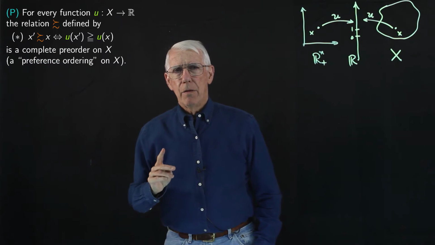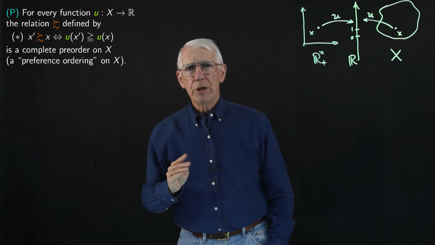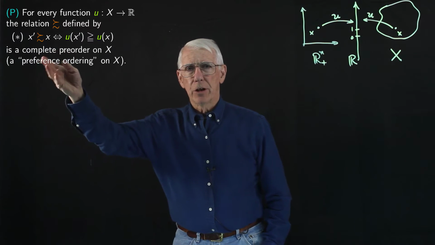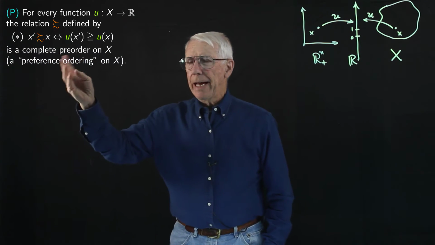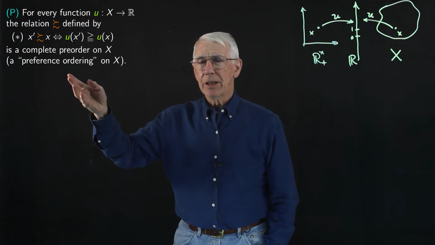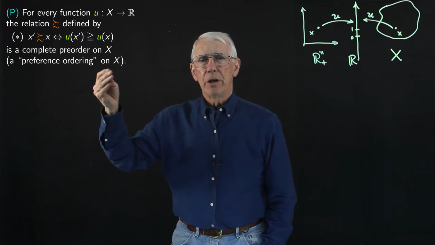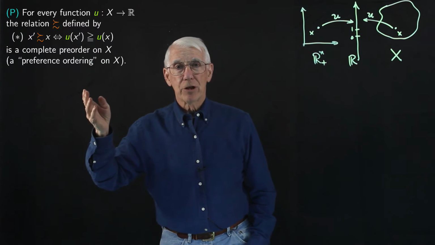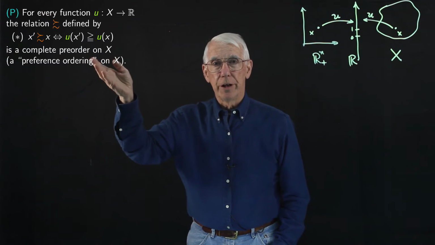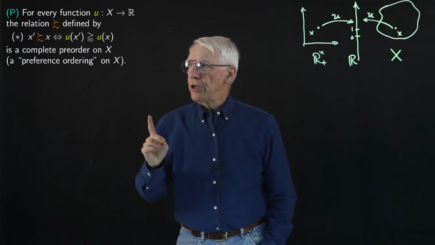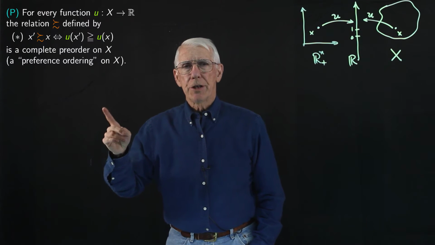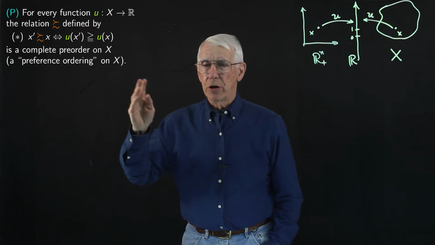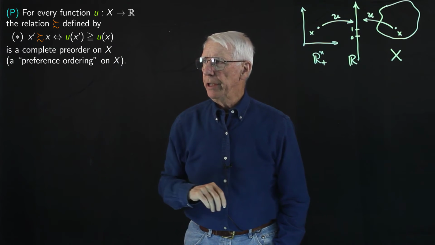Moreover, that binary relation will always be a complete preorder. The star condition just says that x prime is related to x if and only if the utility function assigns a larger real number to the alternative x prime than it does to the alternative x. Since this is true for any real valued function, it is certainly true for any utility function.